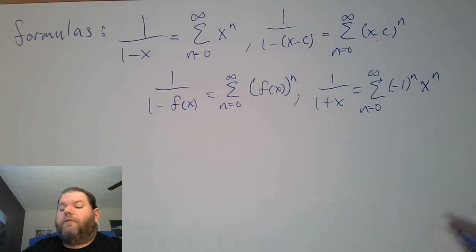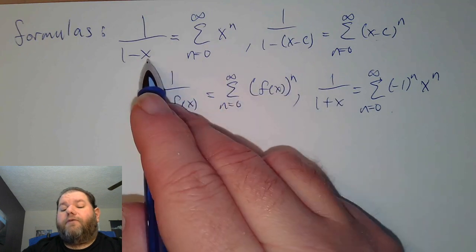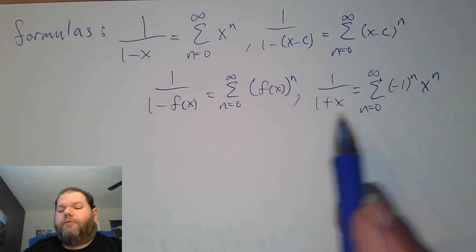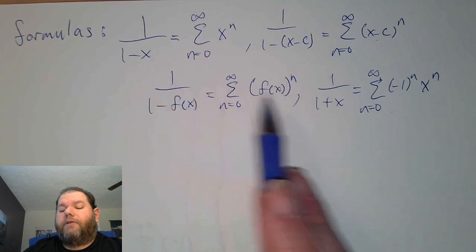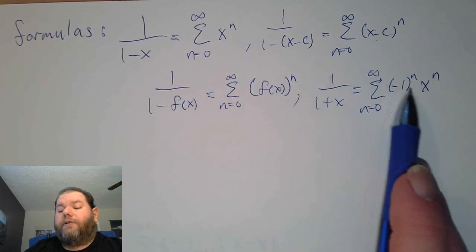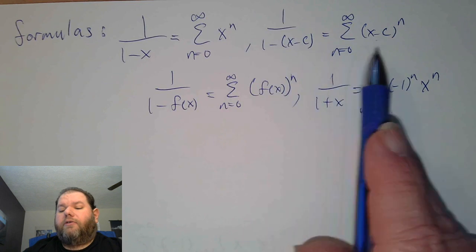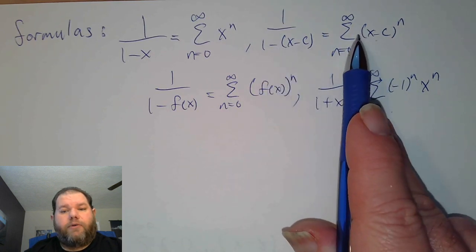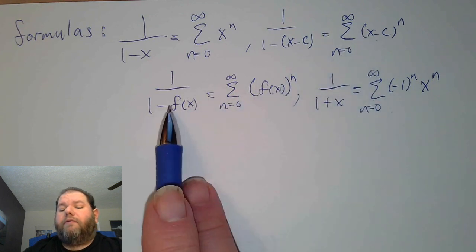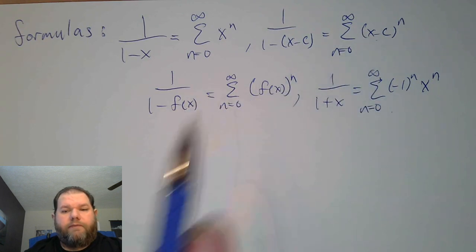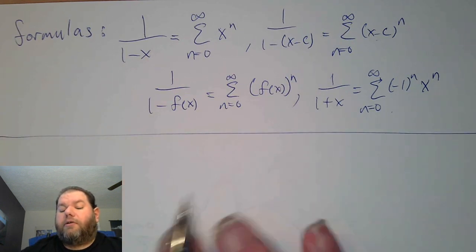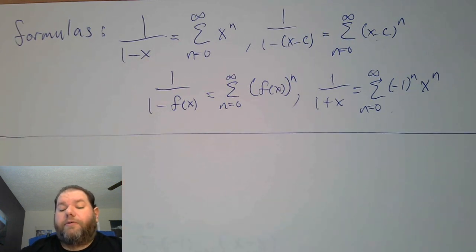So I just repeated this for the first one, but the same holds true for the other two. Whether we have 1 minus x or 1 plus x, the only difference is the alternating term. If this was plus, we'd have negative 1 to the n in front of that. So I'm not going to write those down again. I think that's pretty straightforward.